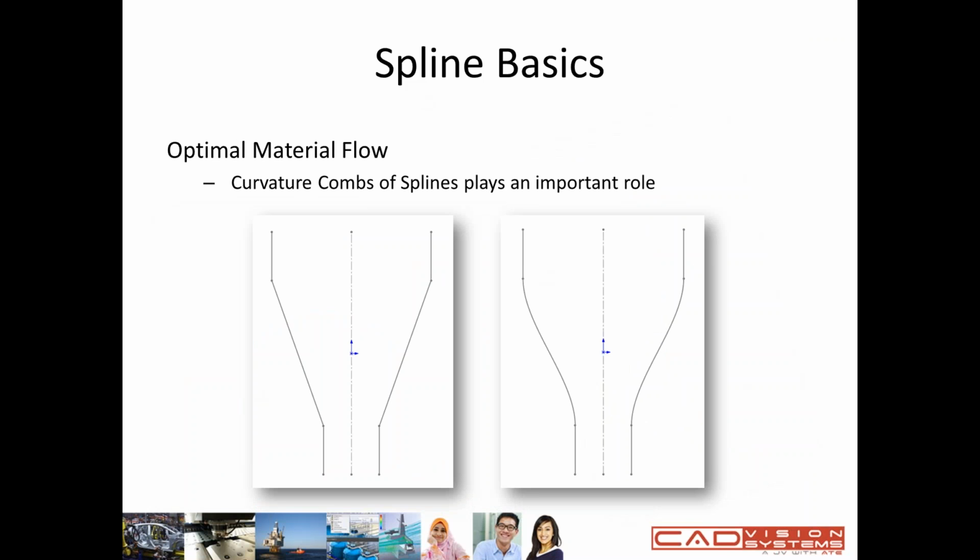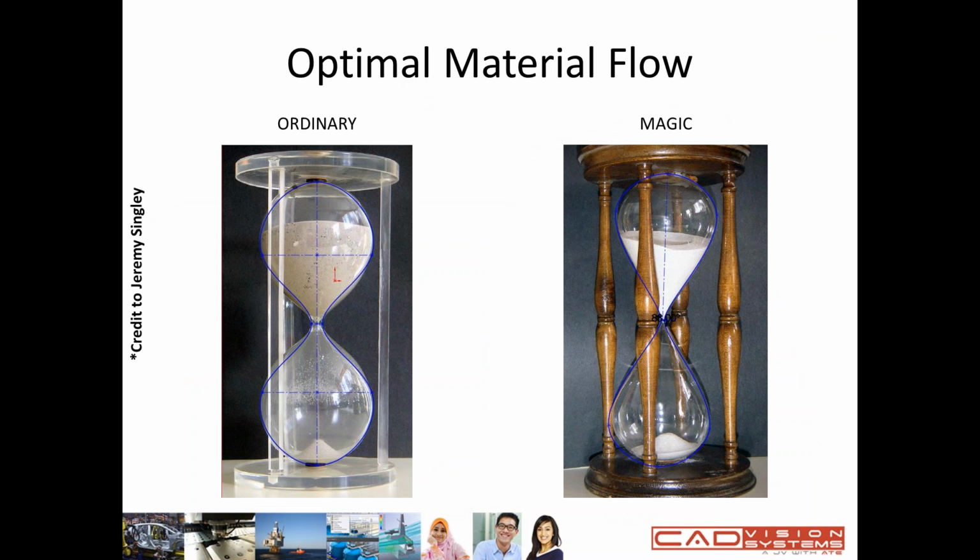So as I mentioned earlier, the curvature combs of these splines actually play an important role when you are doing your design. So take a look at these two hourglasses right here. I'm giving credits to Jeremy Singley for the materials.